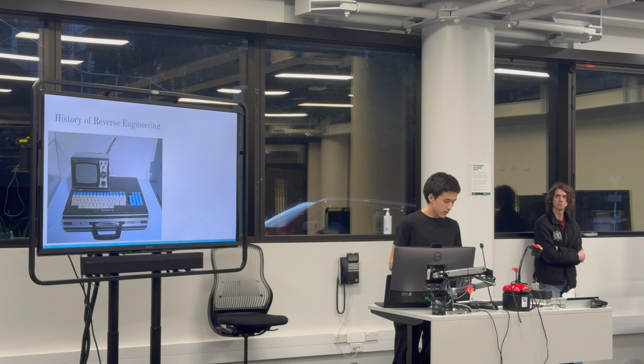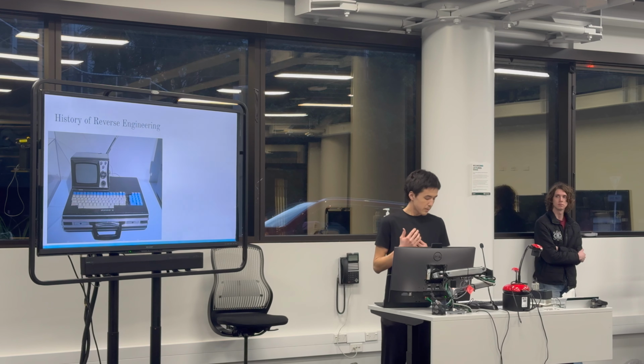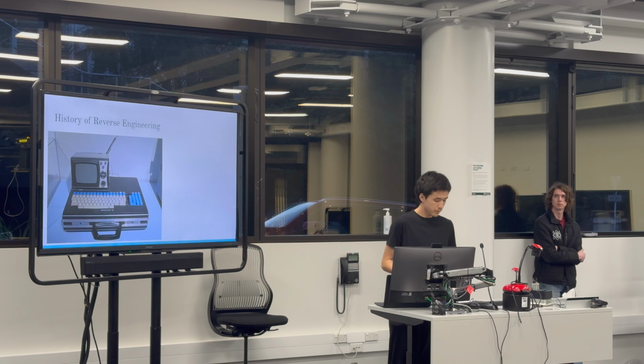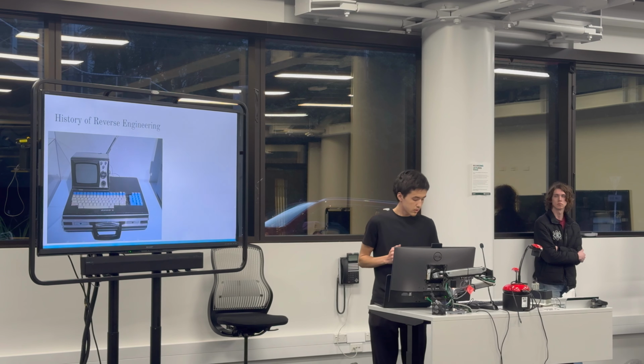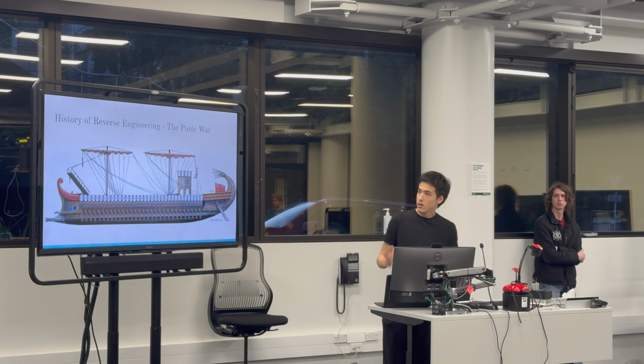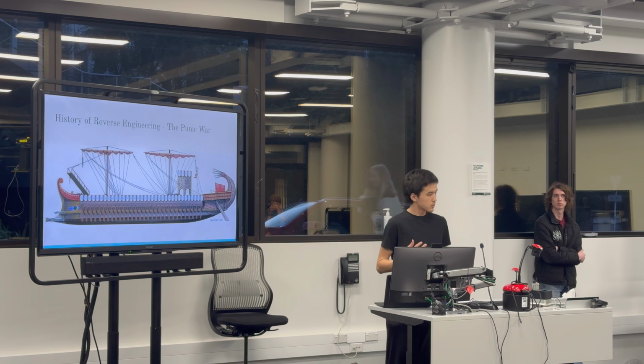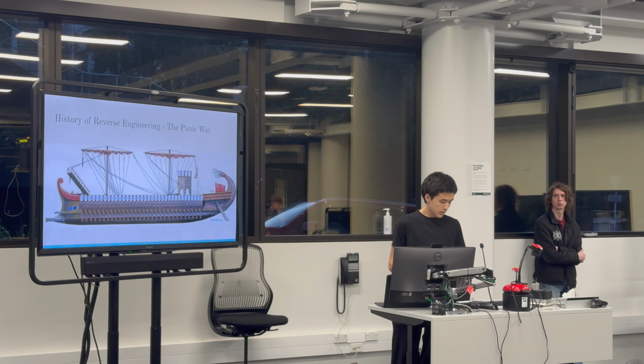Back when things like wheels, carriages, and even architectural infrastructure like buildings were made, reverse engineering existed. A very good example is when the Roman army was battling Carthage.